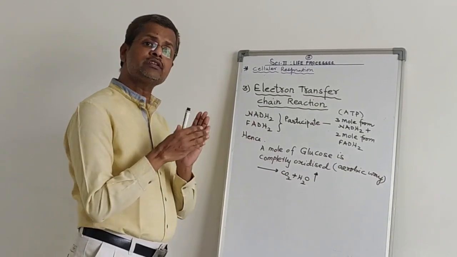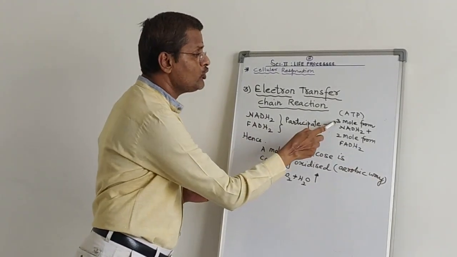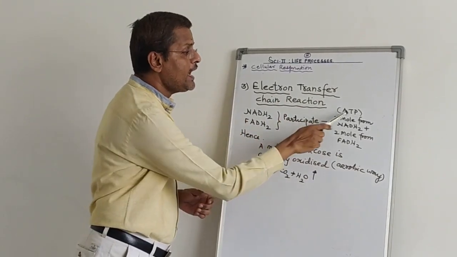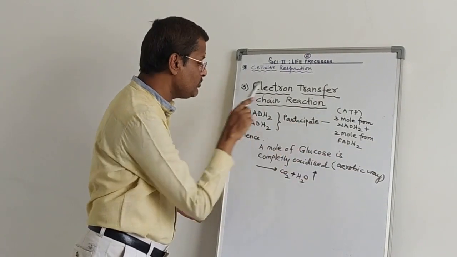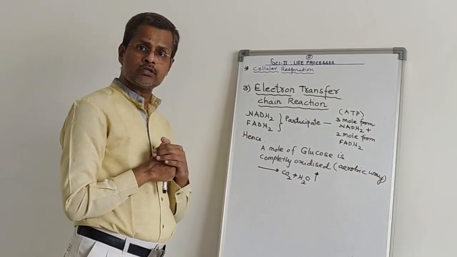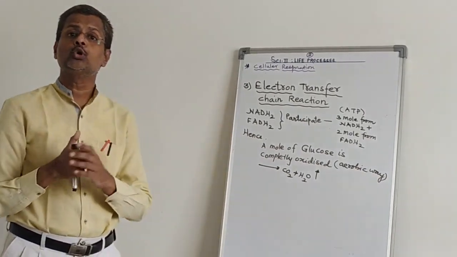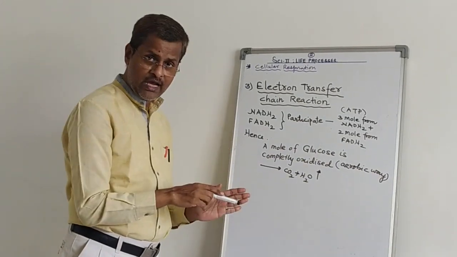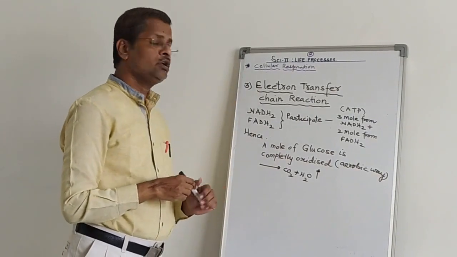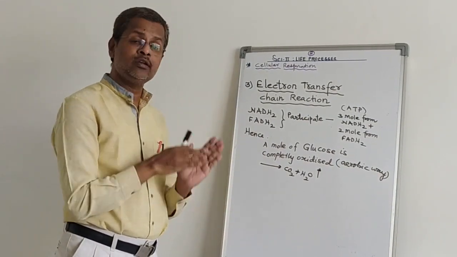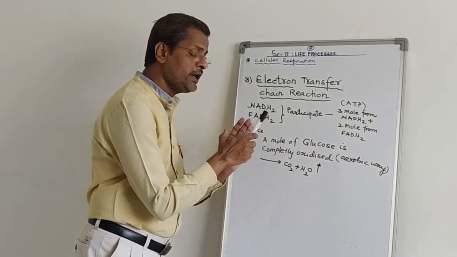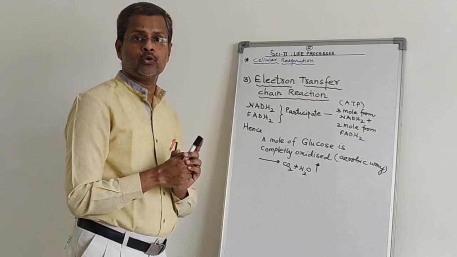During this reaction, 3 molecules of ATP are formed from NADH2 and 2 molecules of ATP are formed from FADH2. Hence, a molecule of glucose is completely oxidized, and energy is released in the form of ATP in an aerobic way, meaning in the presence of oxygen, and in the end, carbon dioxide and water molecules are produced.